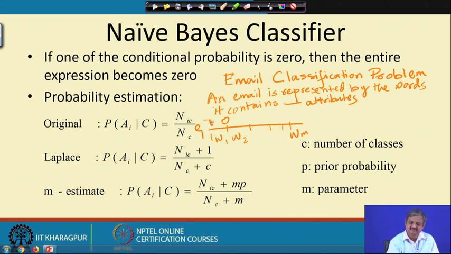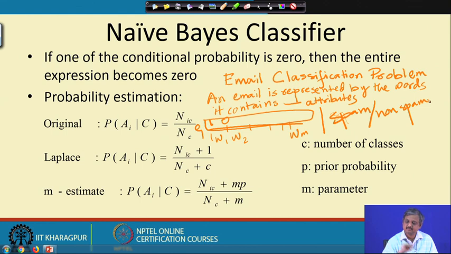So, this binary vector is a representation of an email, and my task is, from this binary representation, to classify emails into 2 classes, spam or non-spam.